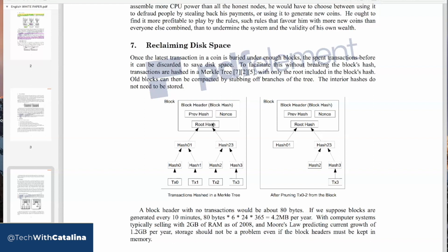The size of the header of the block is 80 bytes, okay? The block header is 80 bytes long, and this is something that I also wanted you to know. So basically, what Satoshi is saying here is that the Merkle tree and Merkle root are two concepts that I need you to understand for immutability.